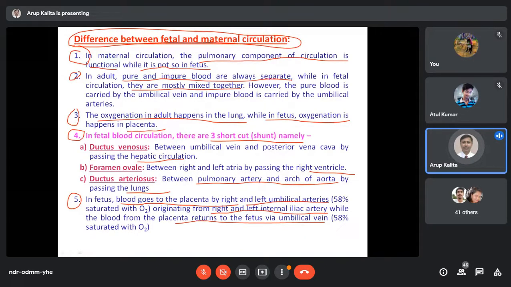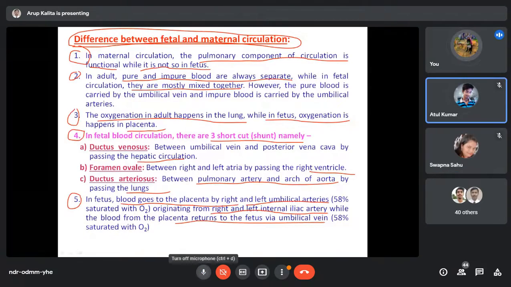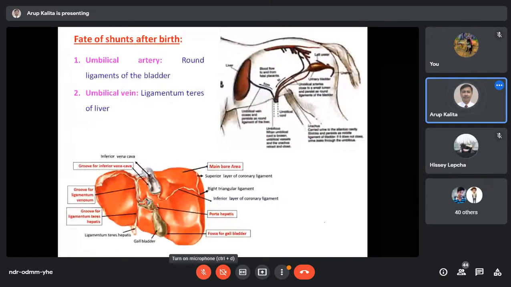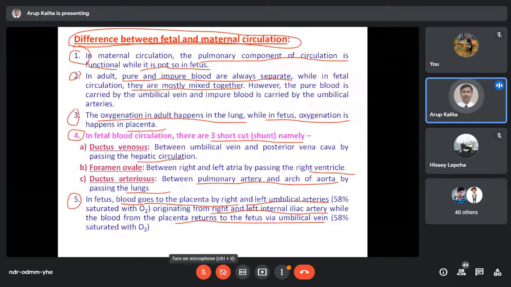That means the umbilical vein carries the pure blood. So these are the 5 main differences between the fetal and maternal circulation. Clear? Yes, sir. Remember, these are very important.